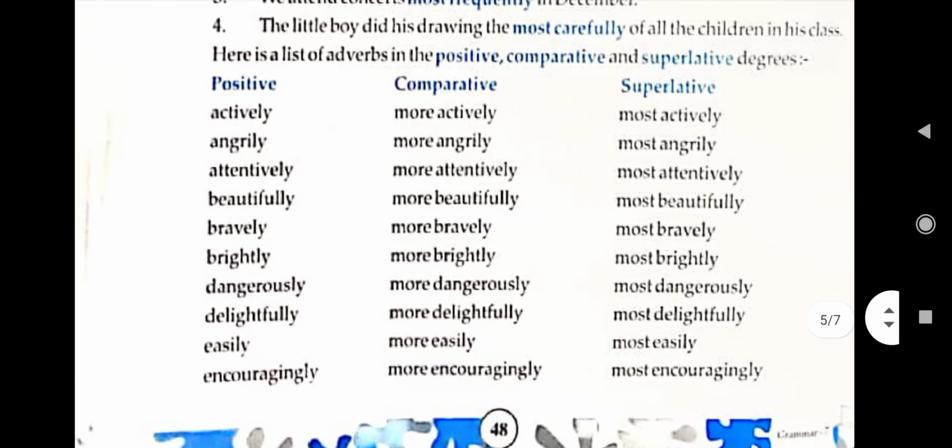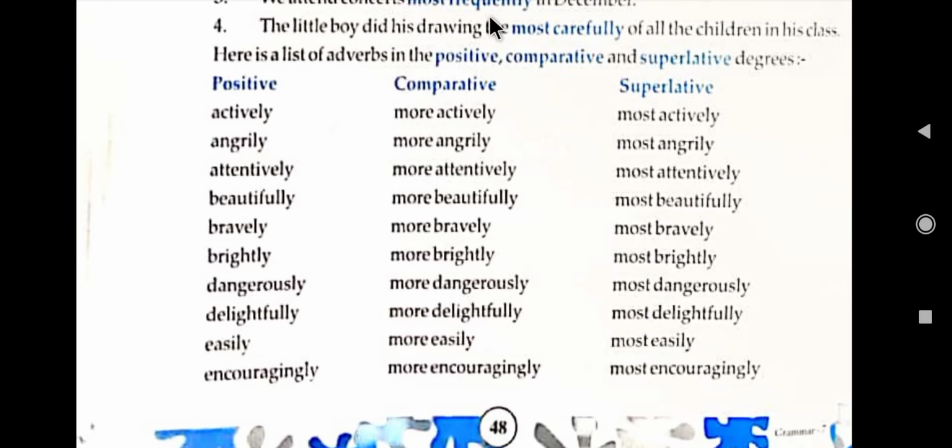Now here is the list of adverbs in the positive, comparative and superlative degrees. So below you are getting the list of a few adverbs that have their comparative and superlative degrees. Now I'm gonna read that for you. Actively, more actively, most actively. Angrily, more angrily, most angrily. Attentively, more attentively, most attentively.